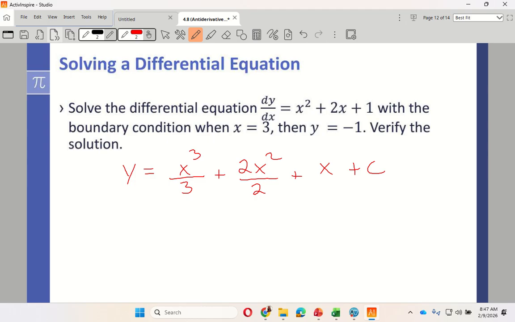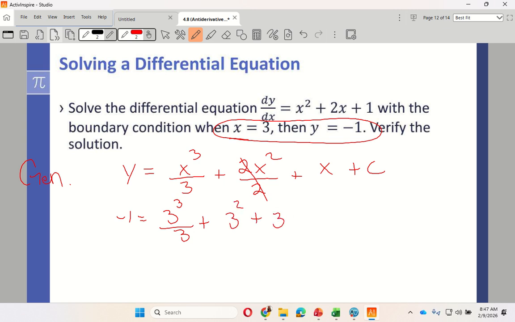Now, this is a general solution. And I'm looking for the particular solution. So particular solution means I have these when x is 3 and y is -1. So I get -1 equals 3 to the third over 3 plus 3 squared plus 3 plus c.